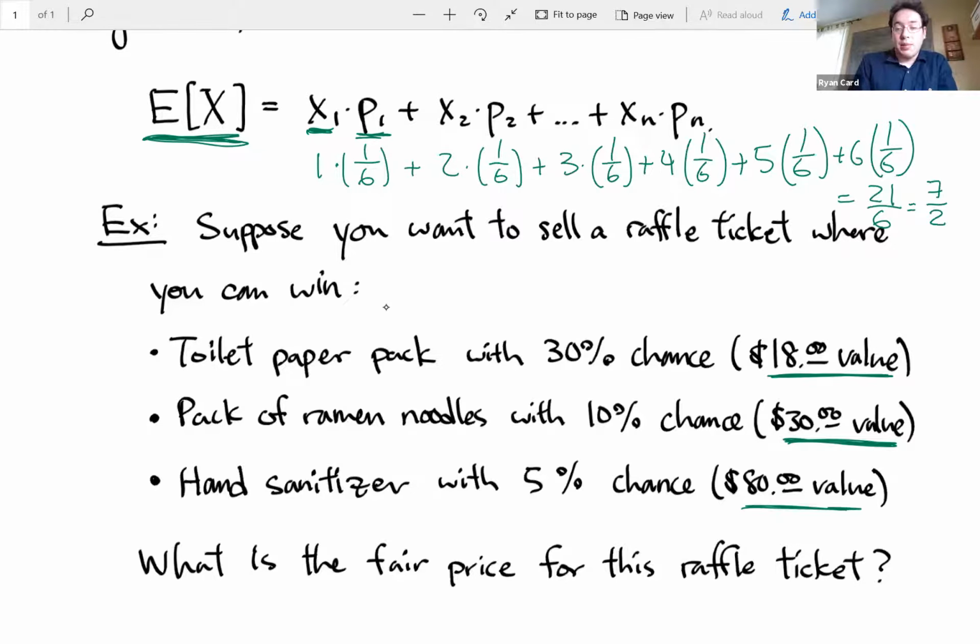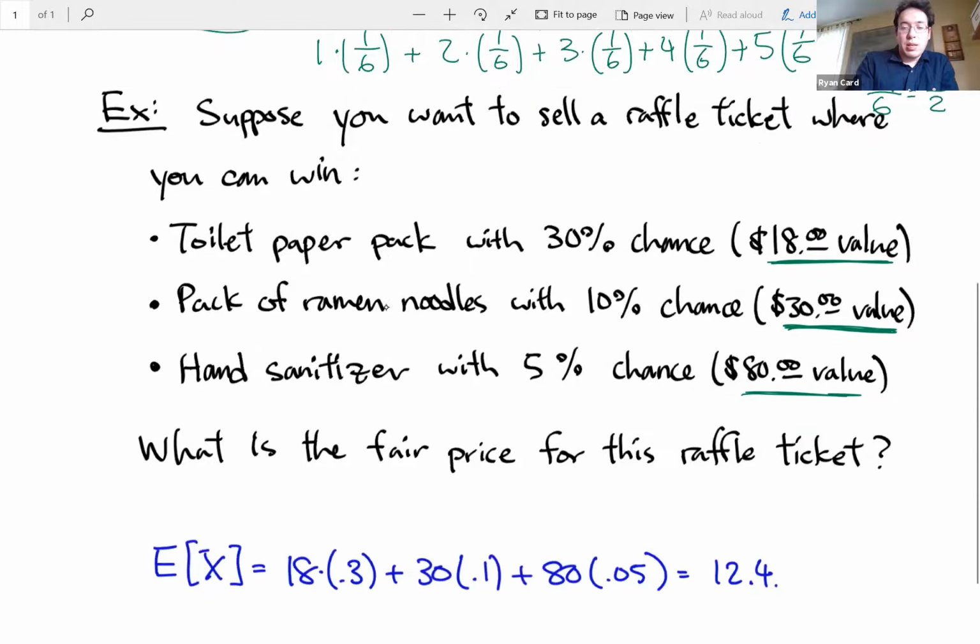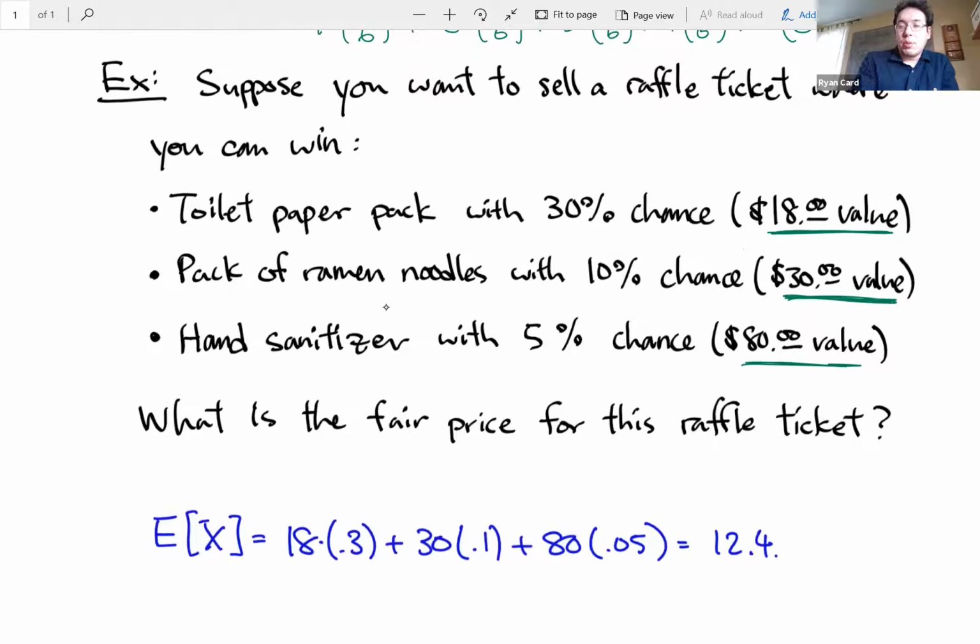So let's say you have these prizes and you want to do this raffle ticket, maybe you're fundraising. If you know what the fair price is, then you could charge a little bit more to make money off of it, right? So let's compute the long run average expected value you could get out of buying this raffle ticket. You multiply the values with their probabilities and then add it up.